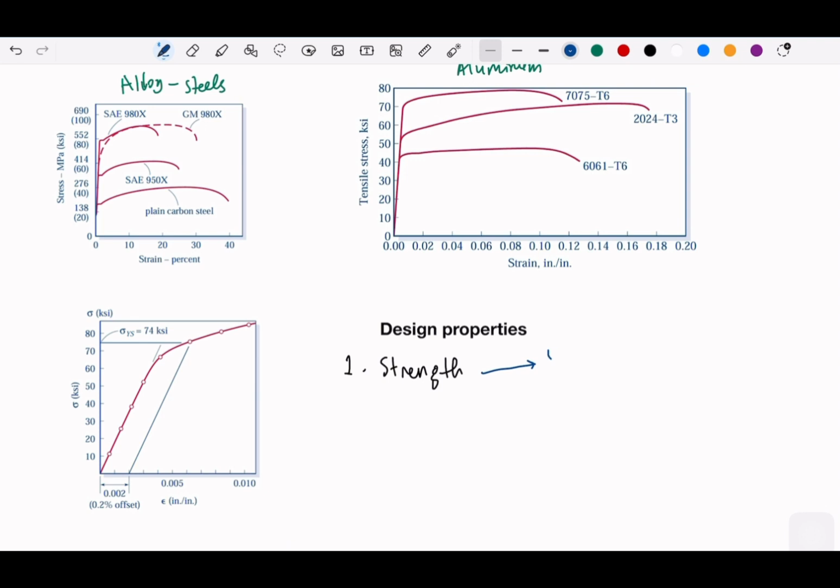We have the yield strength, usually sigma y, and then the ultimate strength, and then the stress at failure.